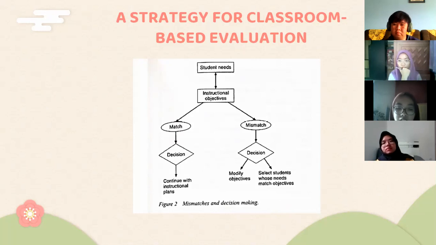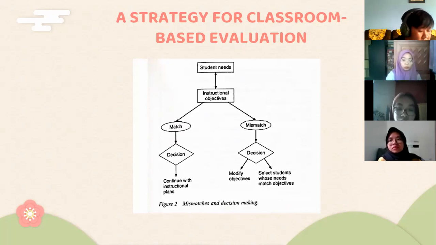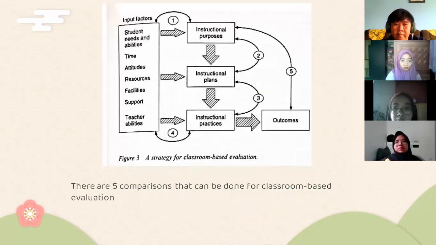After that, we take action to reduce mismatches between the components so that the outcomes are achieved. If there is no mismatch, the instruction can proceed without changing anything. Next, for the components in classroom-based evaluation, there are actually 5 comparisons that can be done.